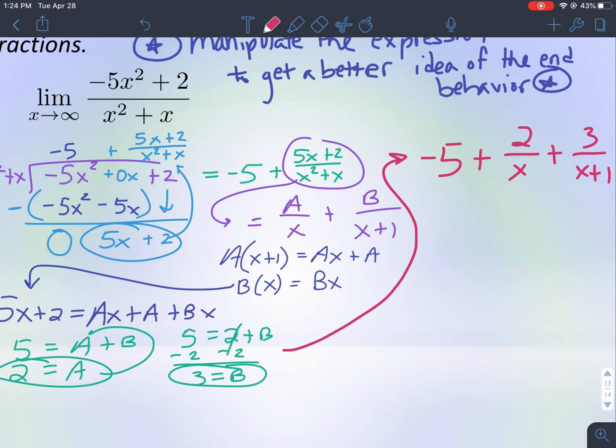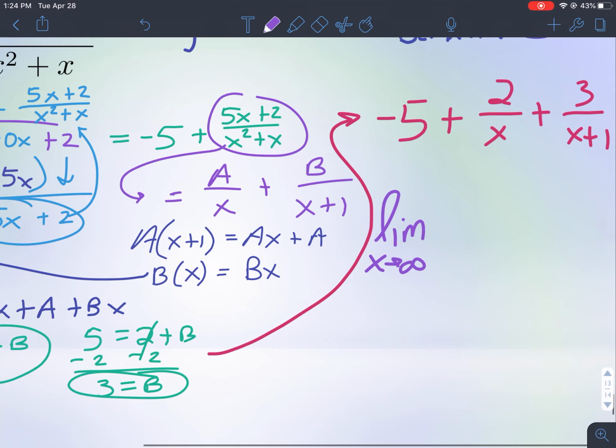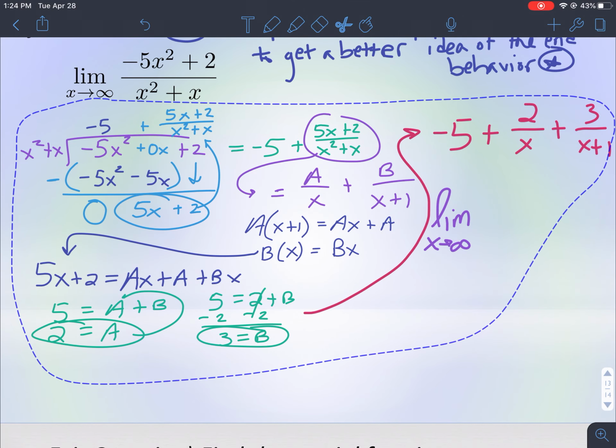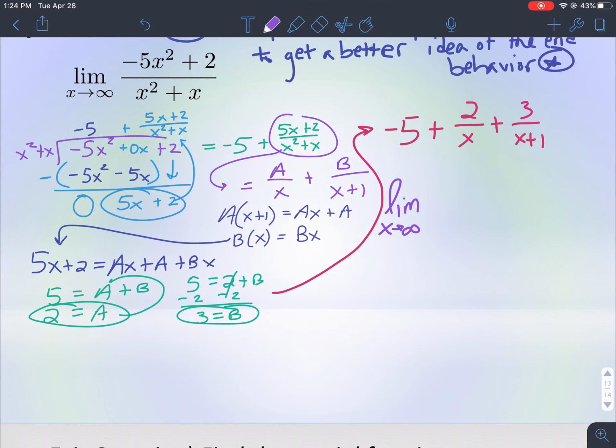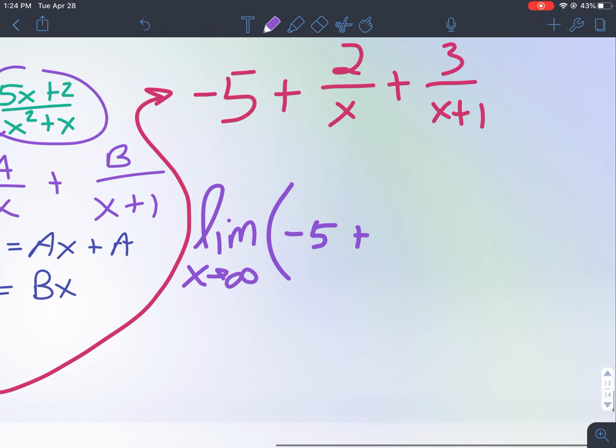We're still not finished yet because this is a limit. So now evaluate the limit as x approaches infinity, positive infinity that is, of negative 5 plus 2 over x plus 3 over x plus 1.